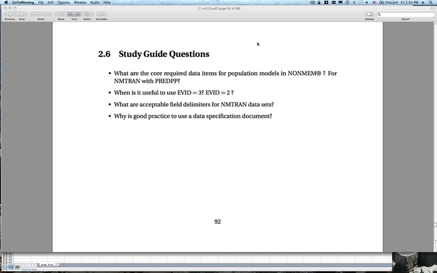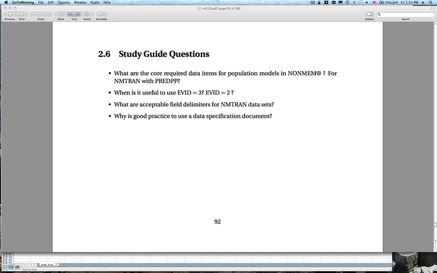Time is necessary because, of course, everything is a chronological time sorted data set, and in pharmacokinetic and pharmacodynamic models, there's usually some longitudinal time component. So those two are required for the PredPP type models.